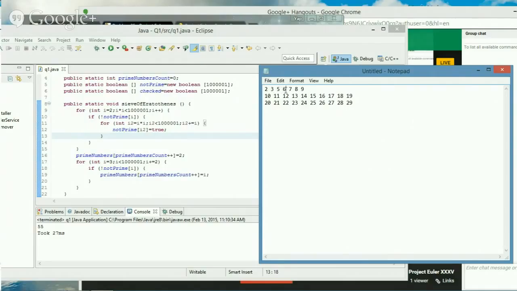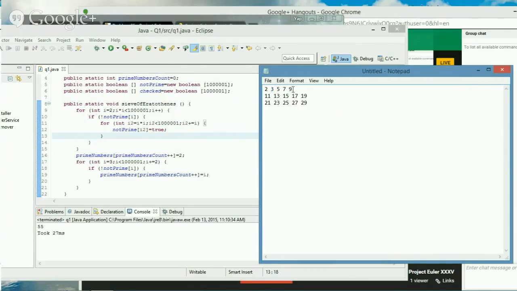So the examples here are 4, 6, 8, and so what we have left here are not divisible by 2.